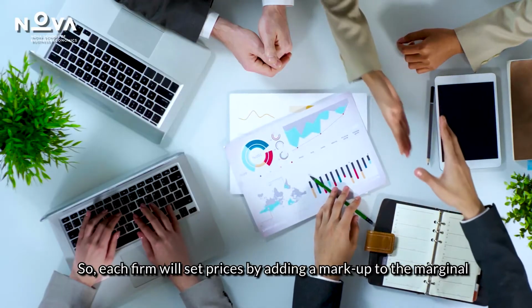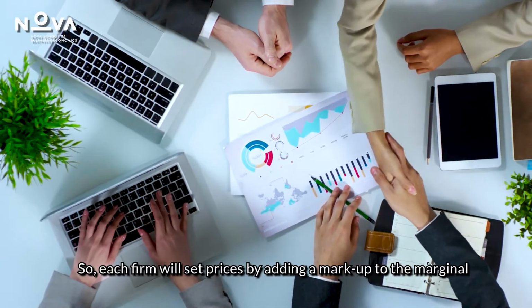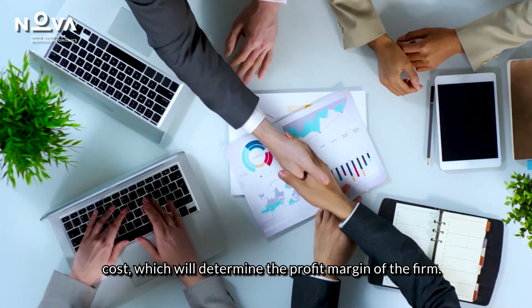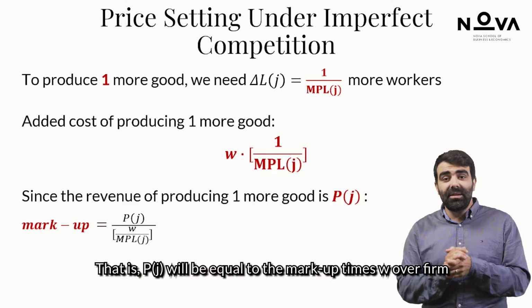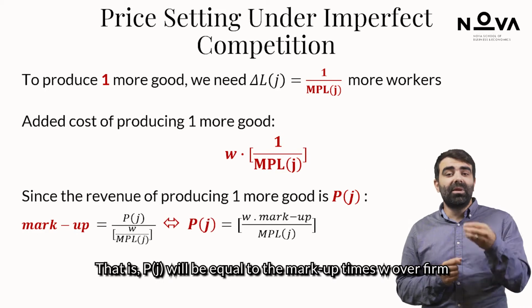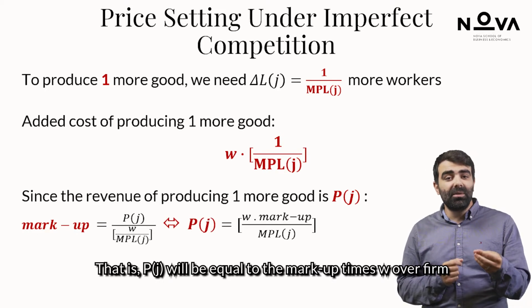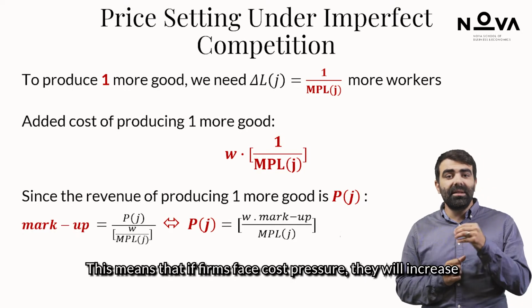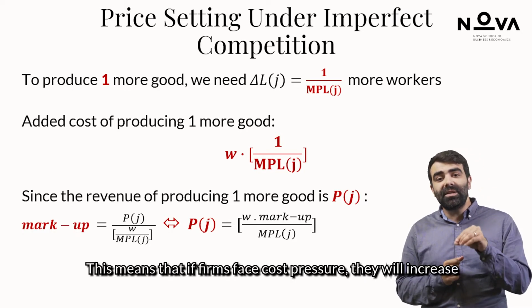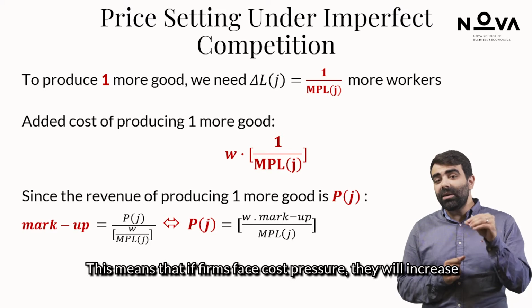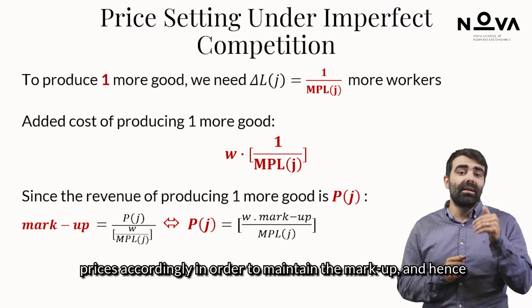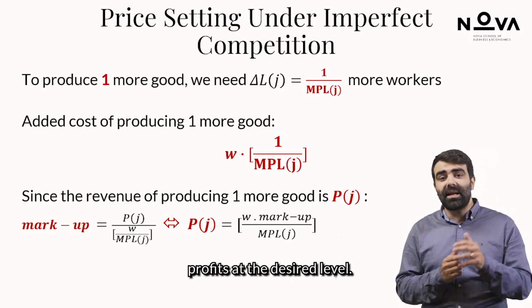So each firm will set prices by adding a markup to the marginal cost, which will determine the profit margin of the firm. That is, Pj will be equal to the markup times W over firm J's marginal productivity of labor. This means that if firms face cost pressure, they will increase prices accordingly in order to maintain the markup and hence profits at the desired level.